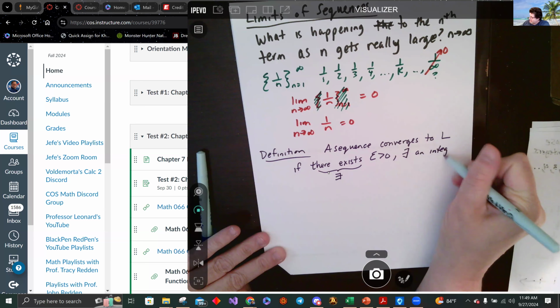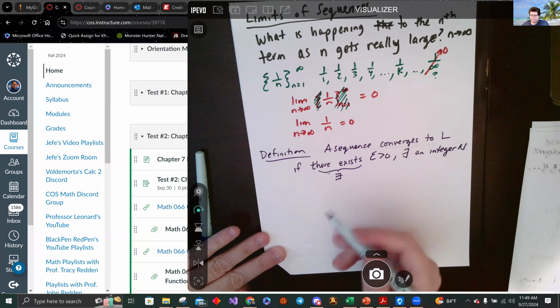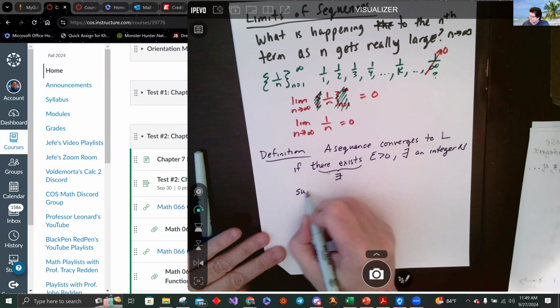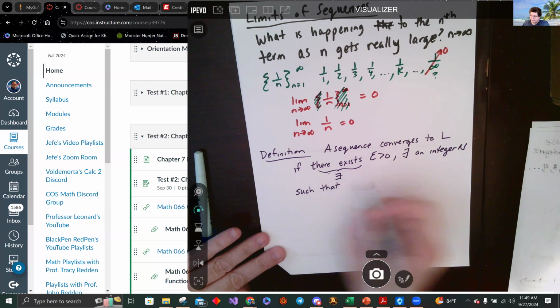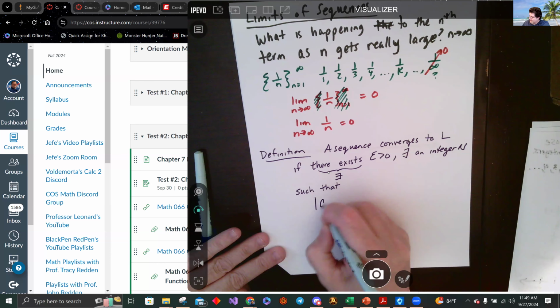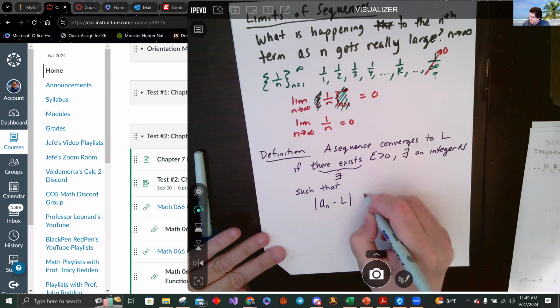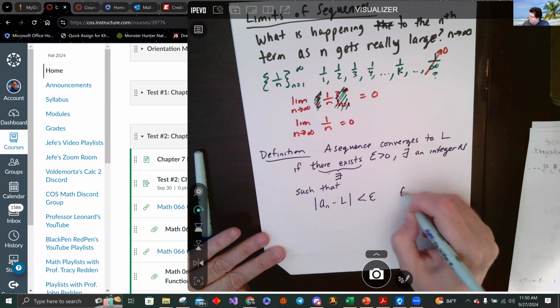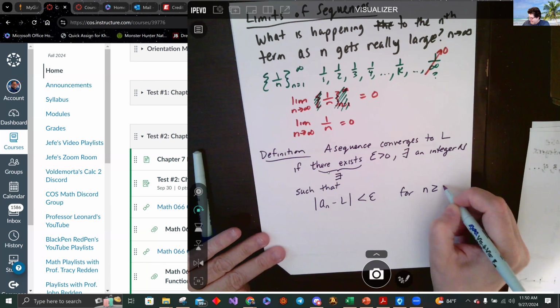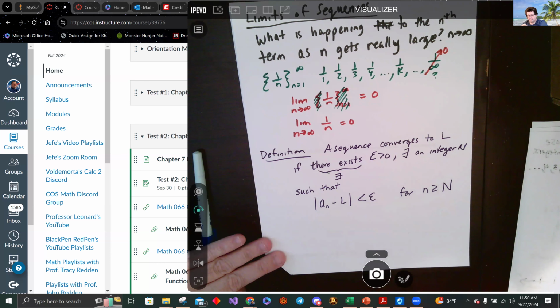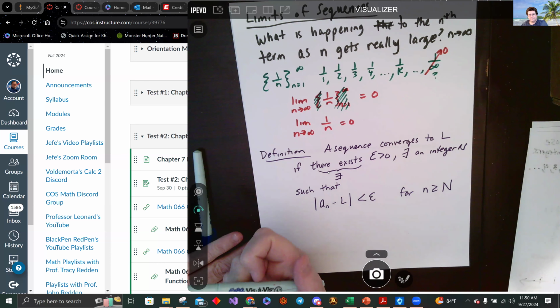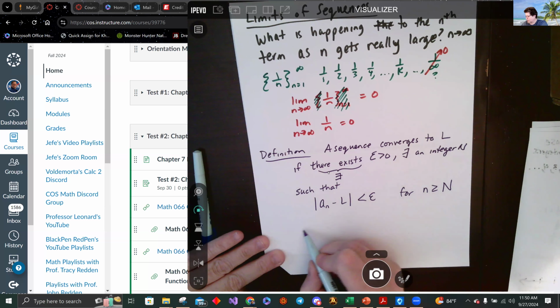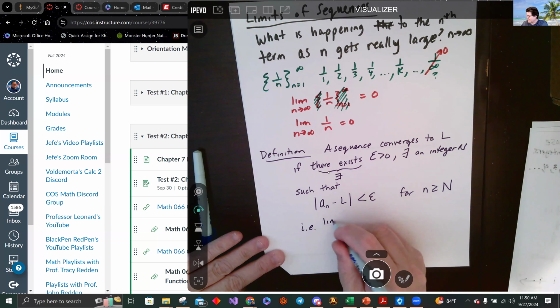Let's use big N, such that the absolute value of a sub n minus L is less than epsilon for n greater than big N. And what that boils down to is limit as n goes to infinity of a sub n equals L.